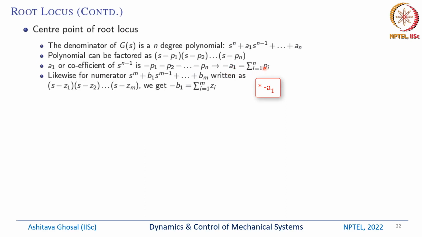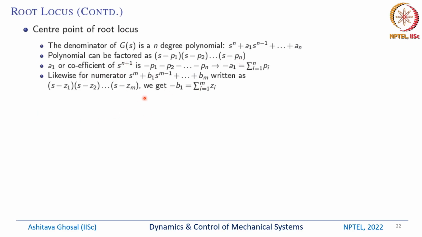So minus a1 is the sum of p1, p2, p3 all the way till pn. Is that correct? Yes. You can see that if you have a quadratic which is s minus p1 into s minus p2, the coefficient of s will be minus, that is, minus of p1 plus p2.